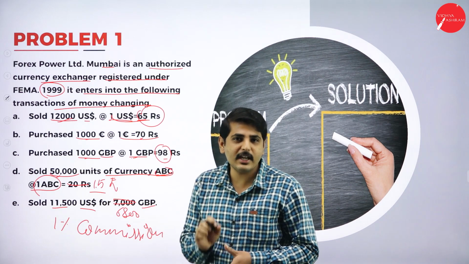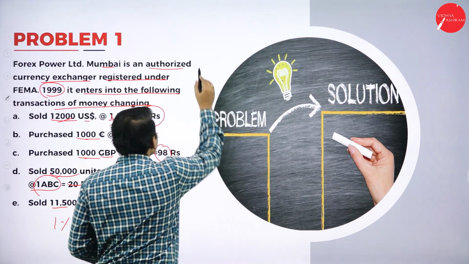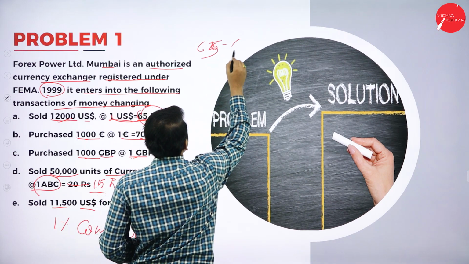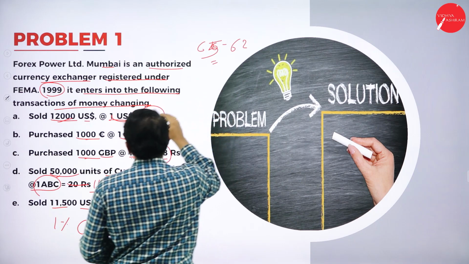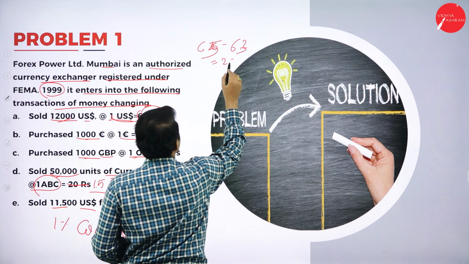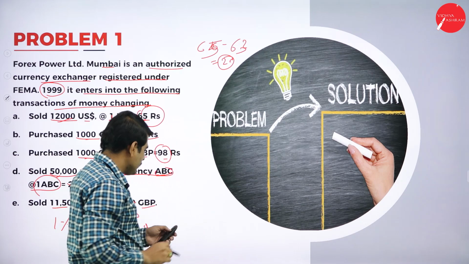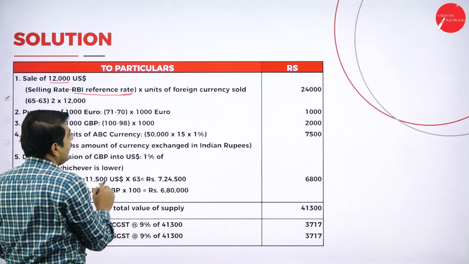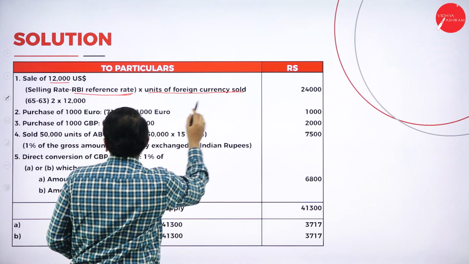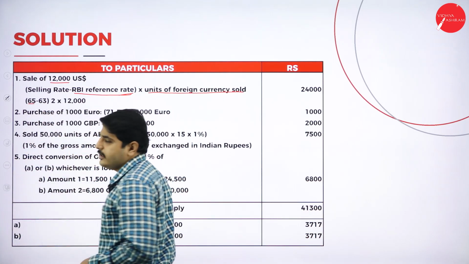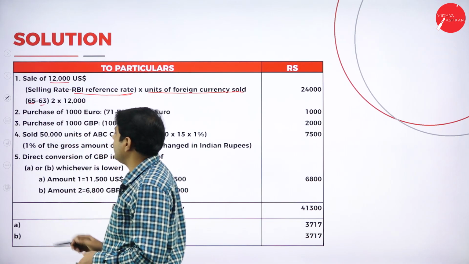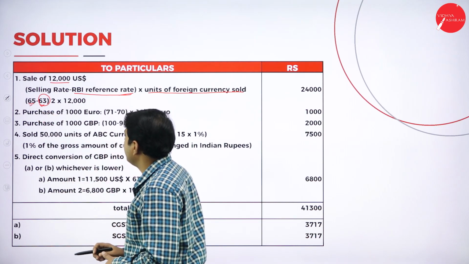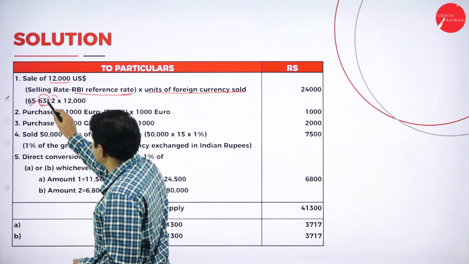So what is the commission we are charging? 65 minus 63 equals 2 rupees commission we are getting. So here, the selling rate minus the actual rate, into units of foreign currency sold: 63 is the actual RBI rate, and 65 is what we are selling. That is the profit of 2 rupees.